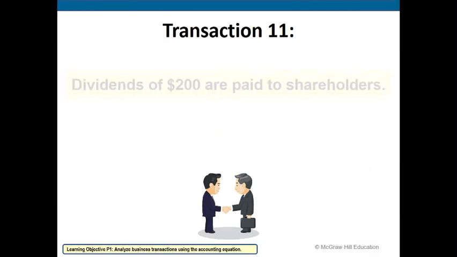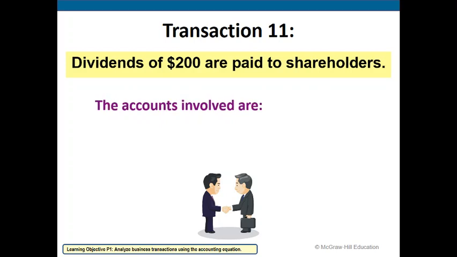Transaction 11, dividends of $200 are paid to shareholders. So what accounts are affected here? Well, dividend expense and cash. So dividend expense is going to go up and cash is going to go down.